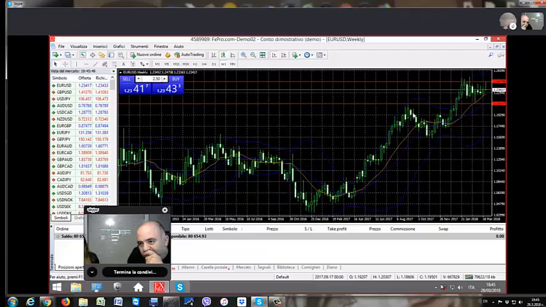In this case, we know that the point that can move euro dollar up is only 124.74. And take a look, it was the last stop, then the market retraced for more than 150 points.